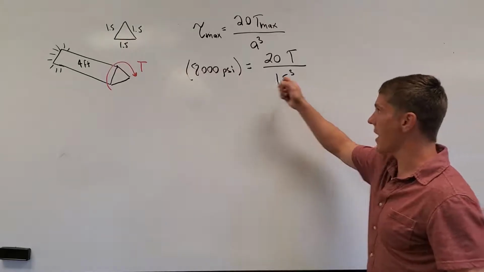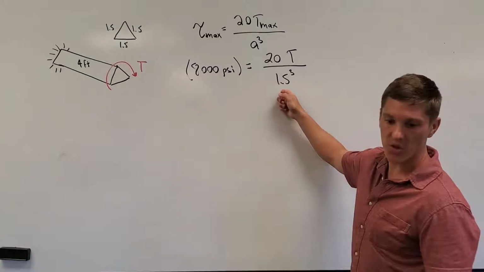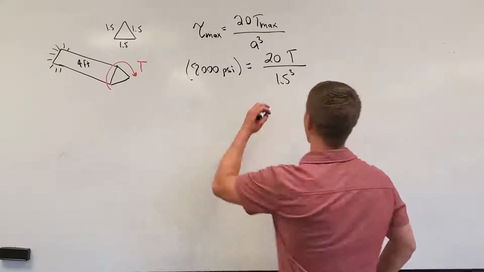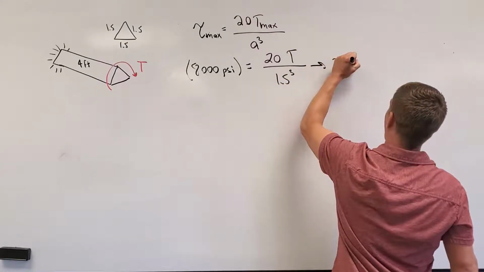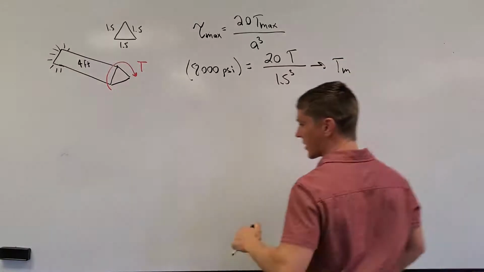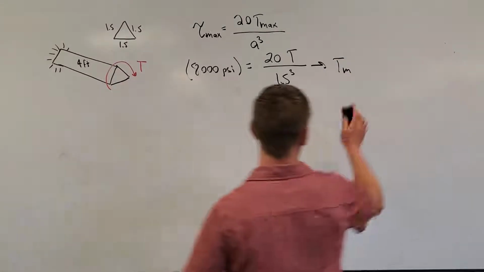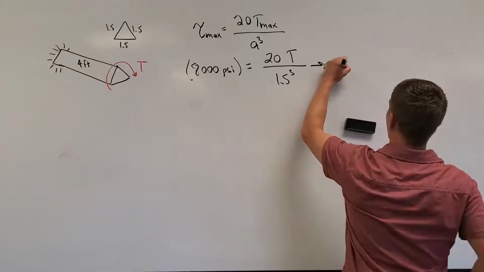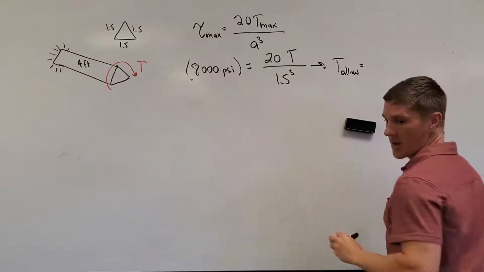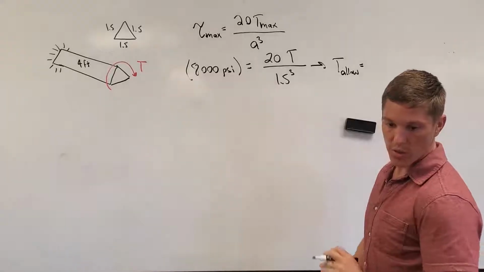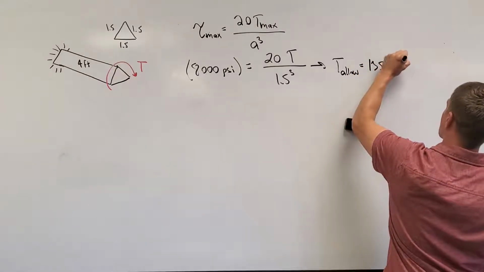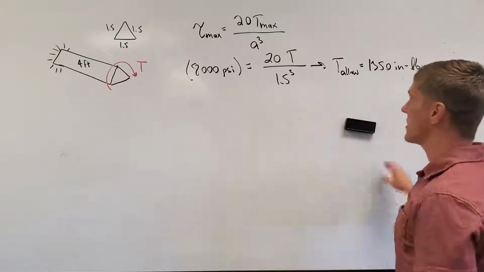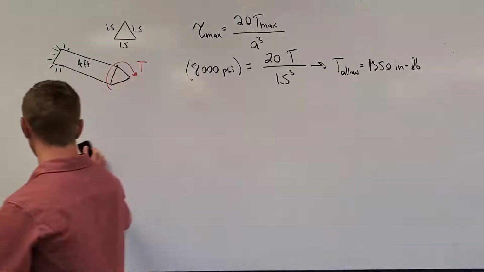I multiply 8,000 times 1.5 cubed, divide by 20, and I get that my allowable torque is going to then be 1350 inch-pounds.